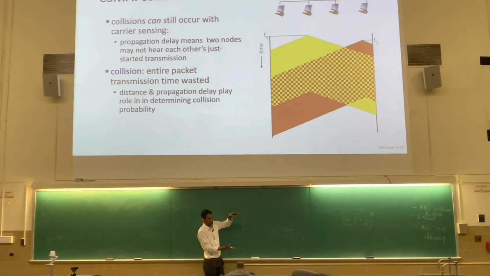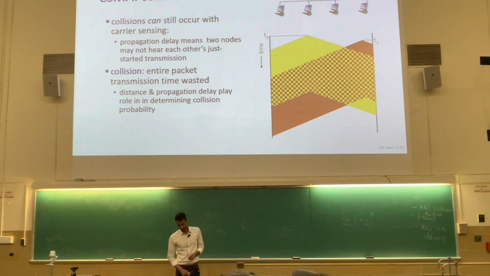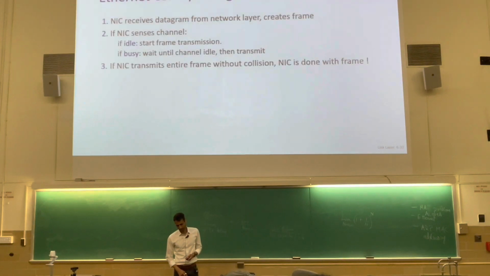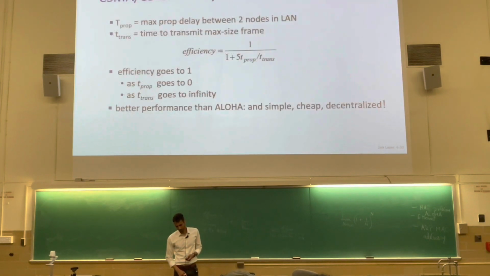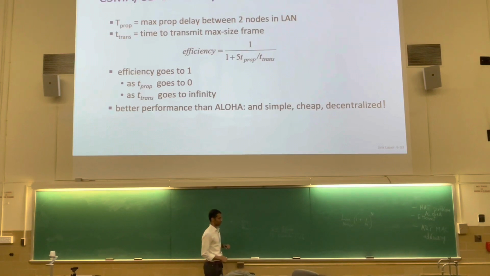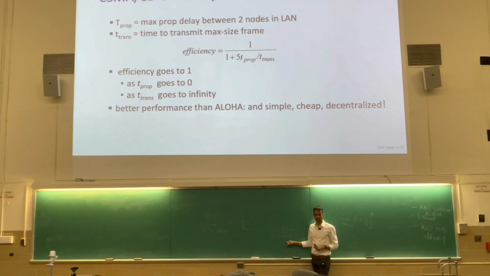The more the frame transmission time, the more efficient Ethernet is. So the counterintuitive part of it is you tend to think that faster Ethernets might be efficient, but the opposite is true. Faster Ethernets actually make the efficiency lower.